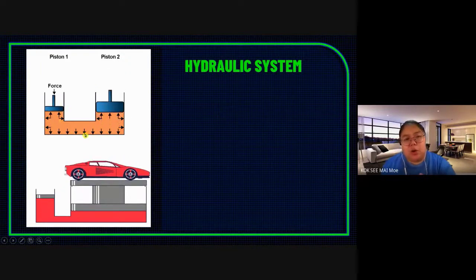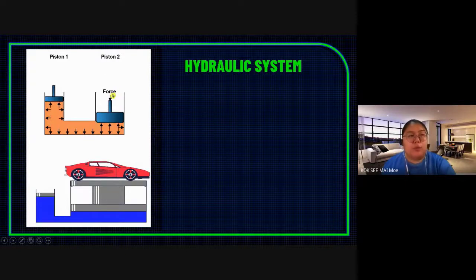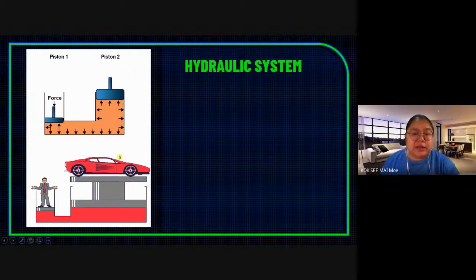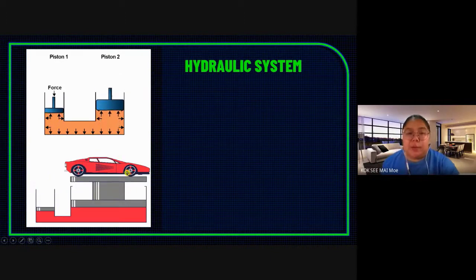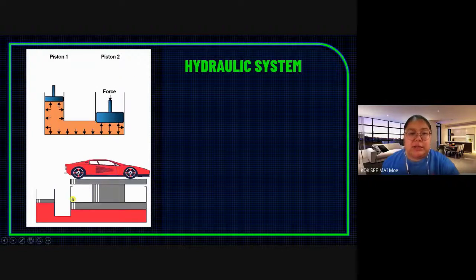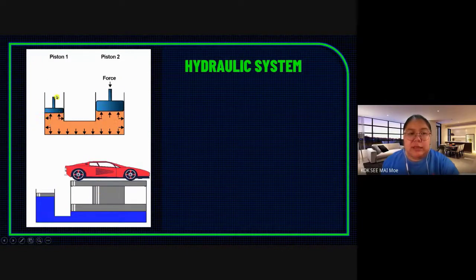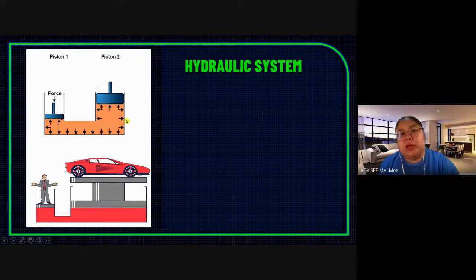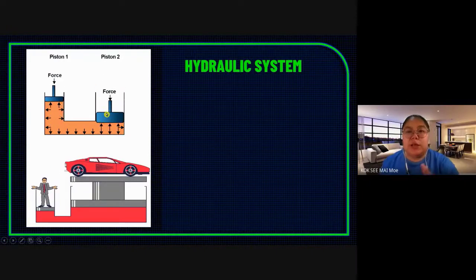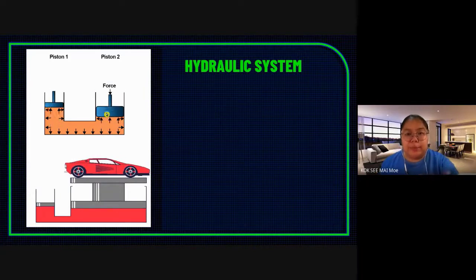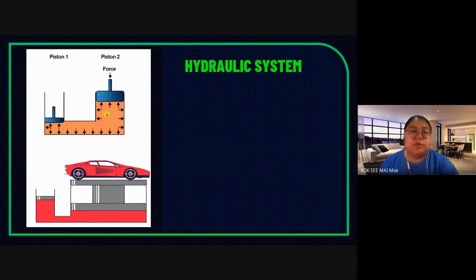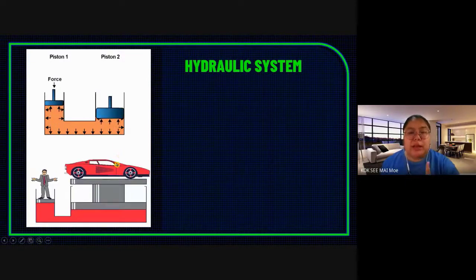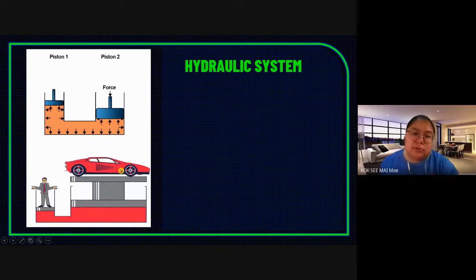Then the pressure goes to the output, and the output produces a bigger force. Finally, the car can be lifted up. The important thing is the area. Can you see piston 1 and piston 2? The areas are different. If piston 2 has a bigger area, then you can produce a bigger force. So the area is the main point to make the output force increase.